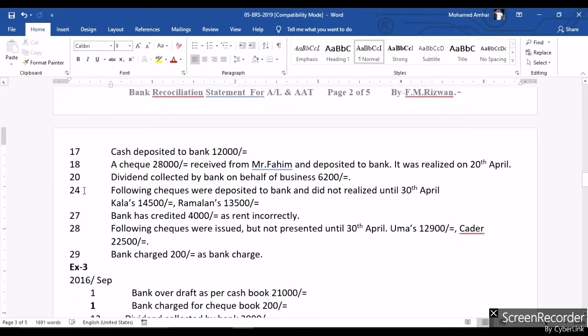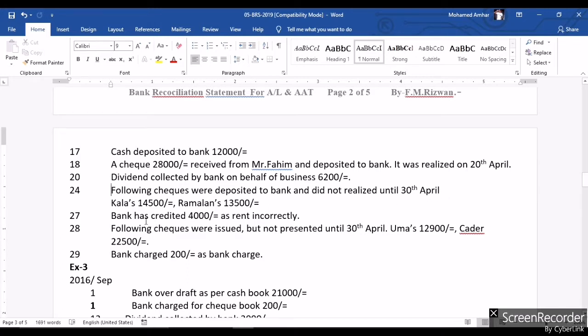Next date is 24th. The following checks were deposited to the bank and not realized until 30th April.